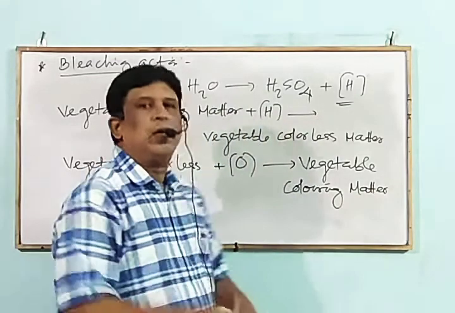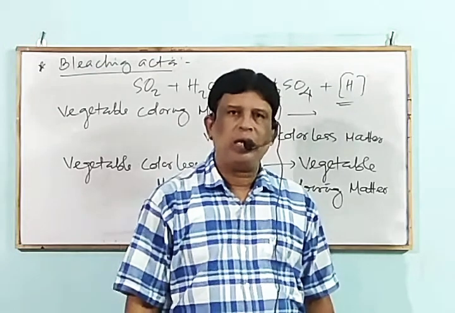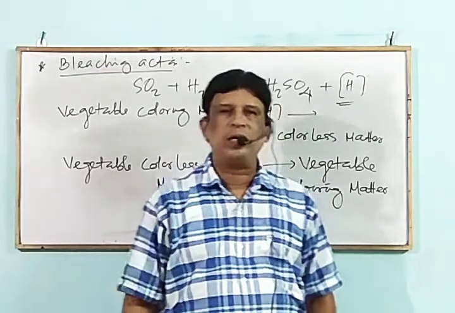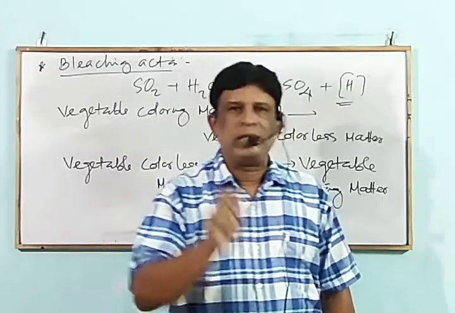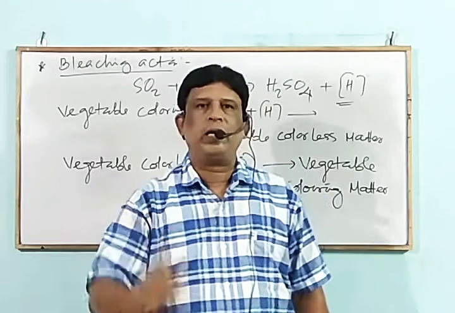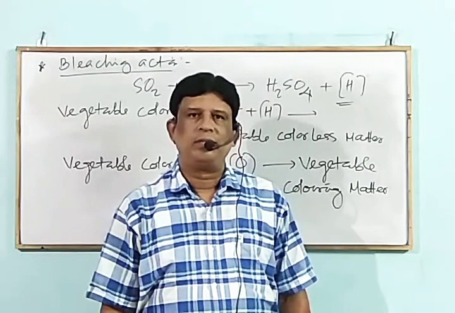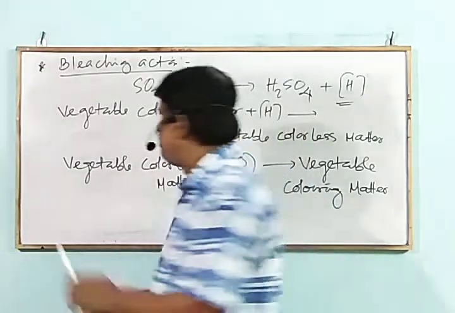That's why the bleaching action of SO2 is temporary. Very, very important 1-mark question: the bleaching action of sulfur dioxide is due to its reducing nature, and the bleaching action of SO2 is temporary. Next we discuss the uses.